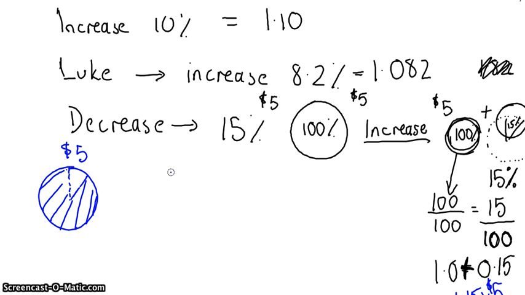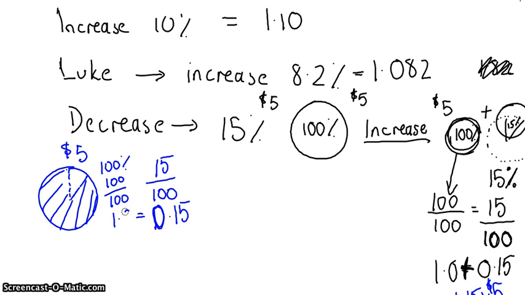So I'm decreasing by 15%. If I've got 15%, that looks like 15 over 100, which looks like 0.15. And instead of getting my 100%, which was 100 over 100, I'm getting 0.15 less that one. 0.15 less the 100%.